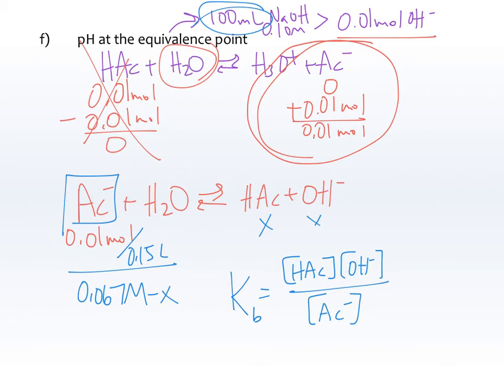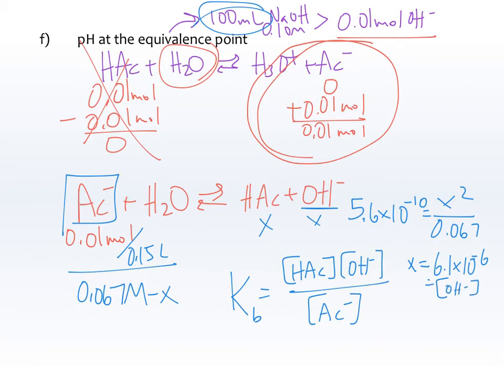So instead of 1.8 times 10 to the negative 5, it's 1 times 10 to the negative 14 divided by that, which is 5.6 times 10 to the negative 10 is equal to x squared over 0.067. So multiply both sides by 0.067, take the square root, we end up with x is equal to 6.1 times 10 to the negative 6. This is a little bit different from before because this is the OH minus.